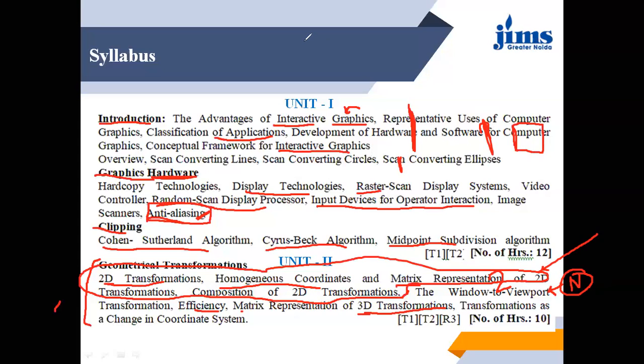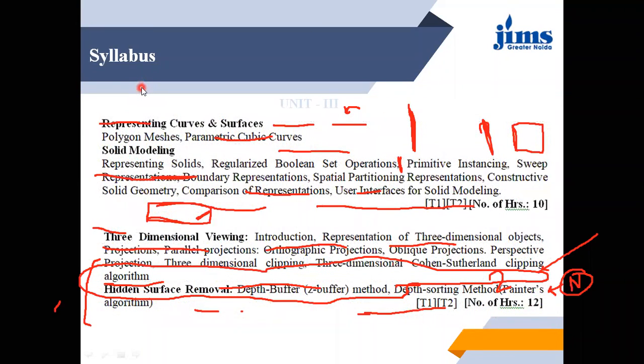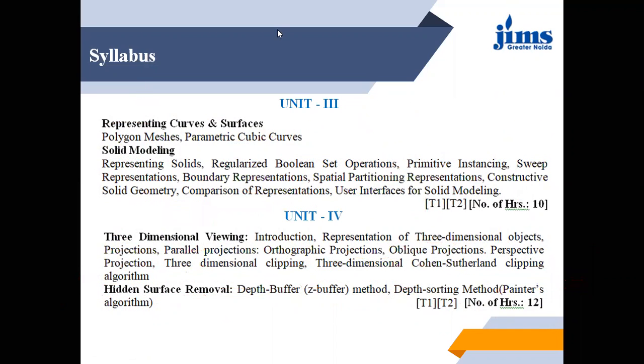So let's try to see the third unit. Unit 3 is concerned with polygons, curves and surfaces. It means how we can perform different operations on curves. Suppose this is a curve.